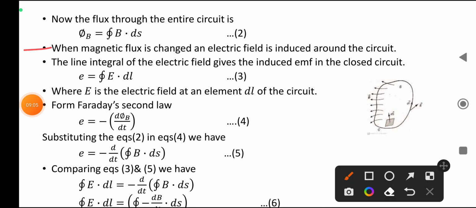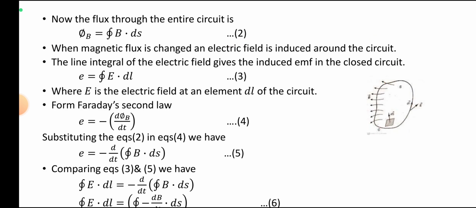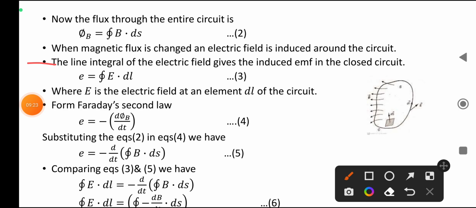When the magnetic flux is changed, an electric field is induced around the circuit. When changing flux is present, an induced EMF will be produced in the coil. Next, the line integral of the electric field gives the induced EMF in the closed circuit.